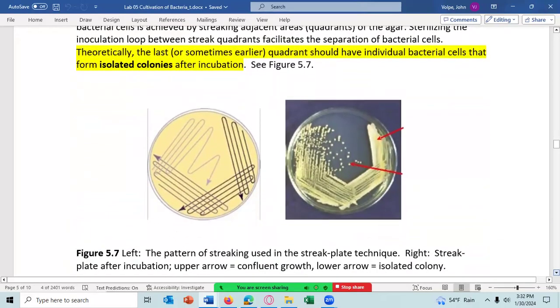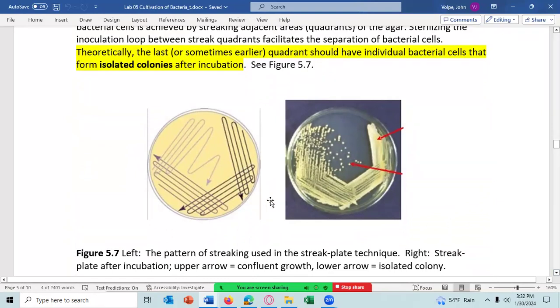All right, so streaking for colony isolation, what you do is you sterilize your loop, and then you pick up the cells you want to transfer and grow on the plate. Generally, you get the cells from your stock culture. So you sterilize the loop, cool it, put it in the bacteria, and then streak the bacteria in sector 1.